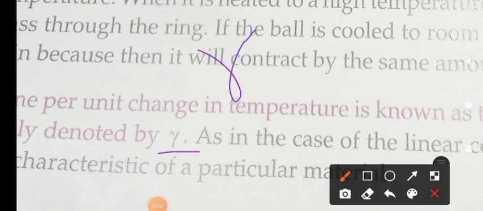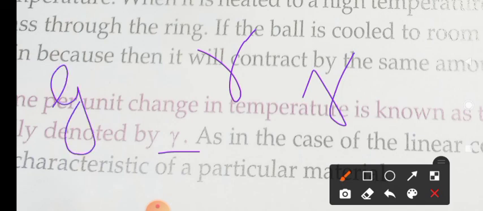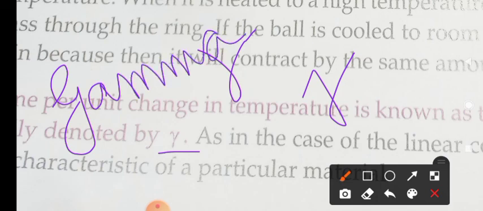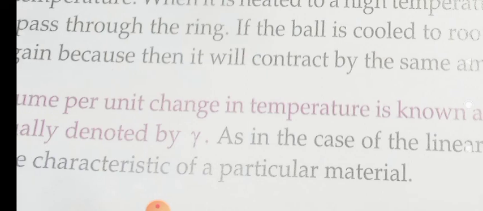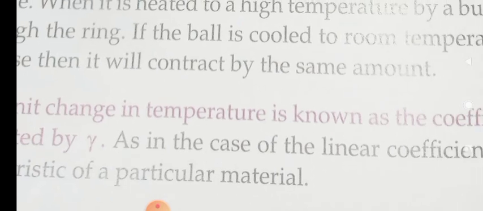G-A-M-M-A, gamma. So alpha, beta and gamma. Do you understand this? This has different values for different metals.